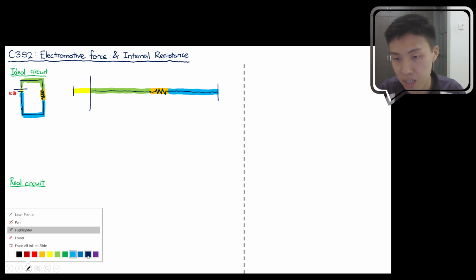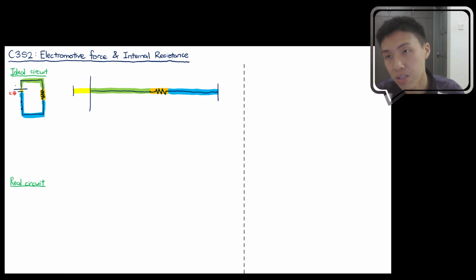But for now, let's just assume that this battery here is a 6-volt battery, and this is a 2 ohm resistor.